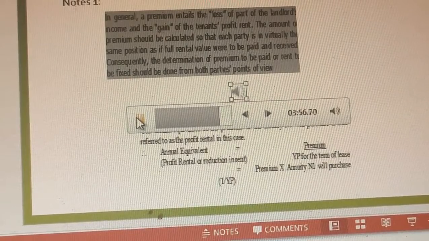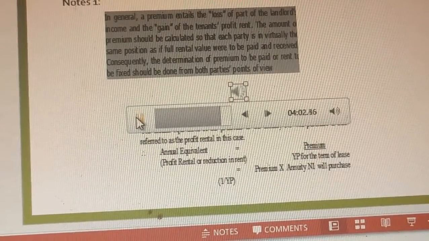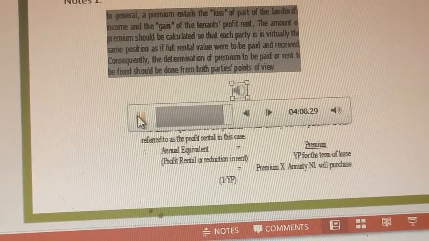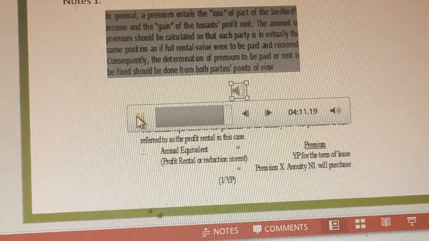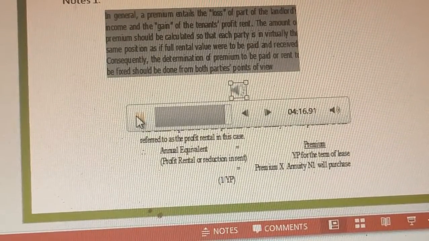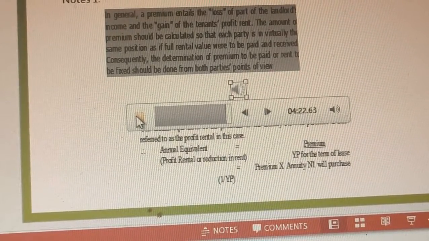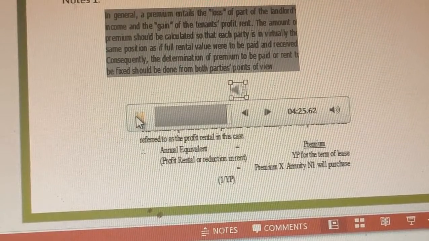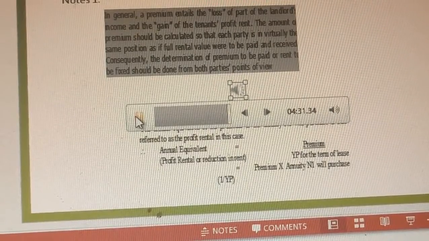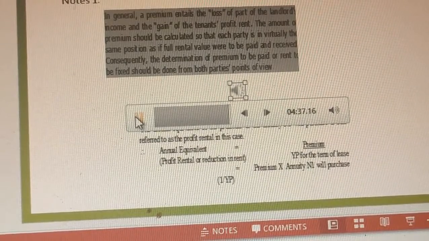So the annual equivalent in this case is the profit rent or the reduction in rent, which the landlord is always interested in, because the tenant thinks it's a gain. The landlord thinks it's a loss to him because he's taking something less. But by and large, annuity is equal to 1 over YP. And profit rent in this case will be premium over YP for the term of the lease.